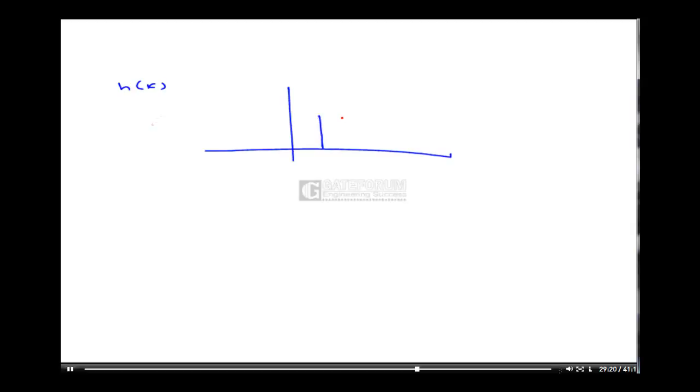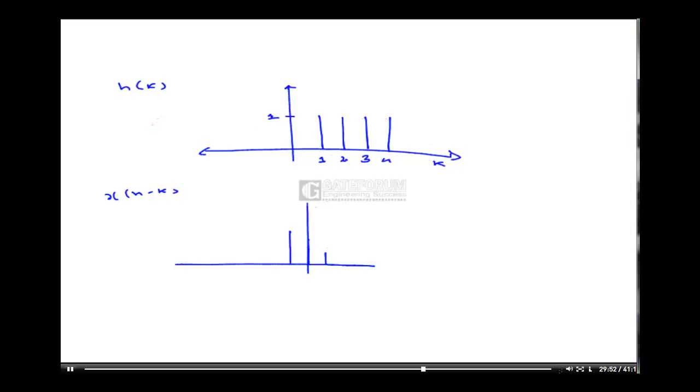There is no difference. X of n minus k will be drawn like this. N plus 1, n minus 2, 1, 2, 3 and 4.